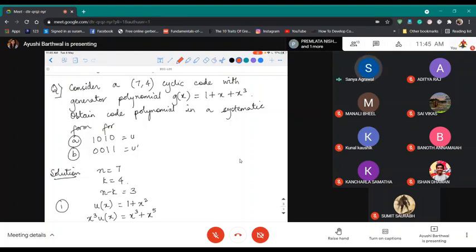Ma'am, parity bit would be x cube. X cube, okay. And the equation will be code word 0001011, that is 7 digits, so 7 bits there.